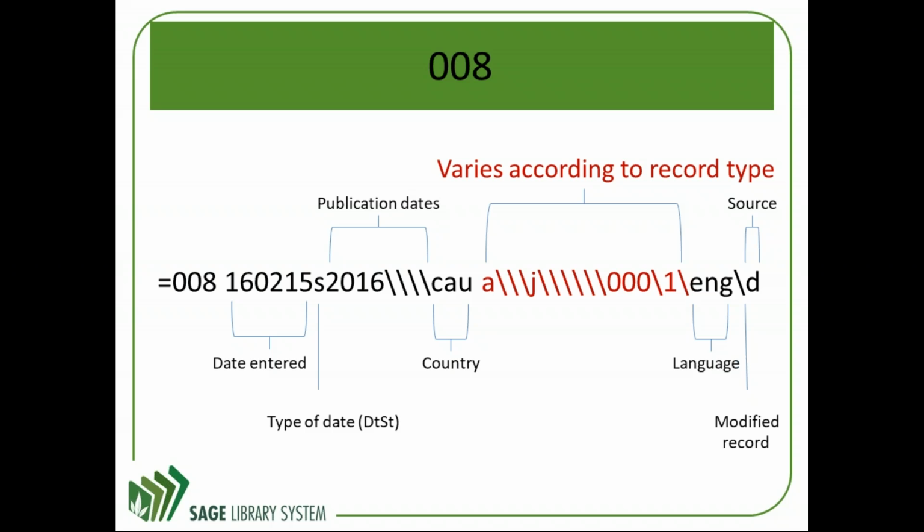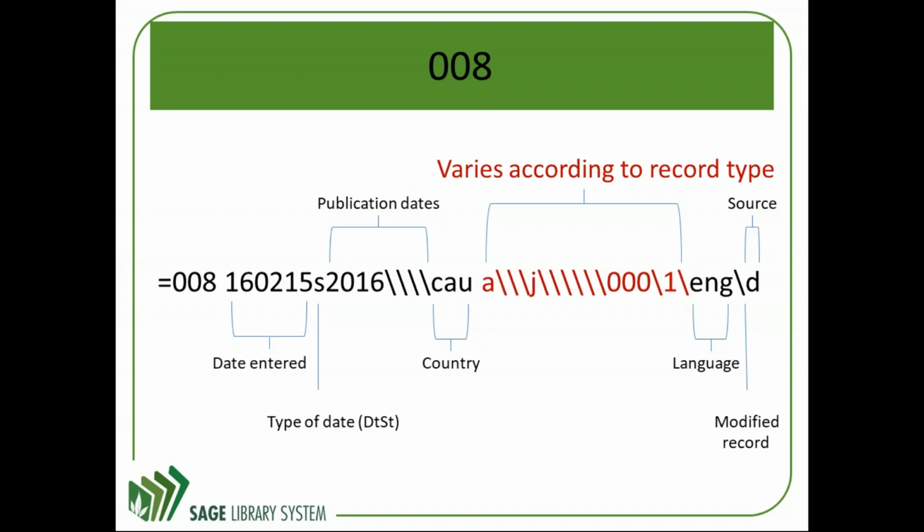Okay, that next entry there, the S, is the type of date, which, remember, the information that we find in the 008 is being drawn directly from the fixed field elements.